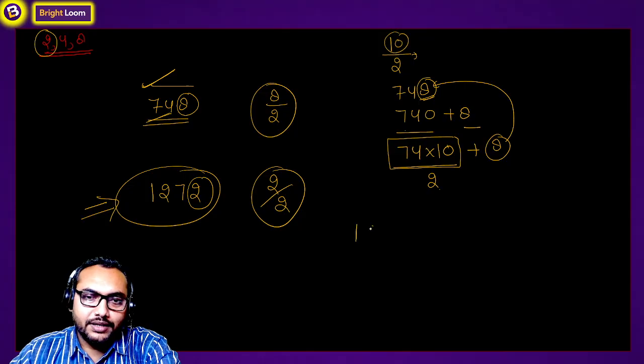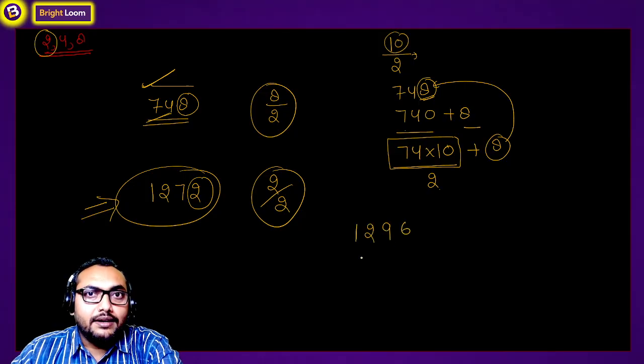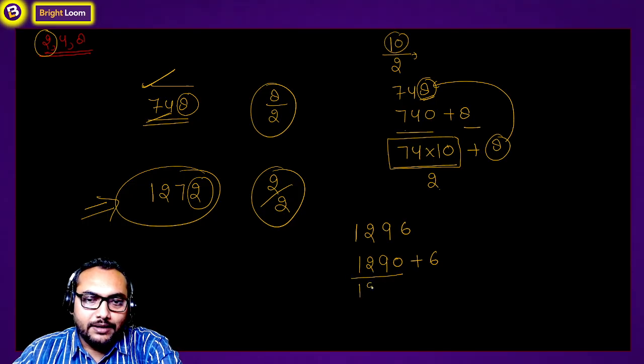Okay, let me take one more example. Suppose I want to check 1296. I'm going to write it as 1290 plus 6. Here 1290 can be written as 129 times 10, and since 10 is completely divisible by 2, the number 1290 is also completely divisible by 2.